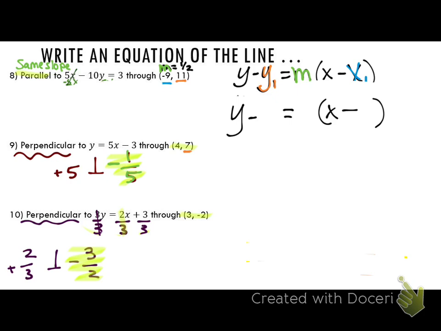So my y coordinate is negative 2, which will become a plus when I plug in that negative. And then our perpendicular slope, negative 3 over 2. And then our x coordinate, 3.